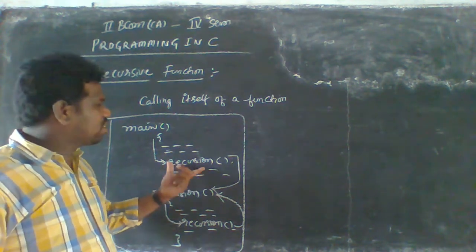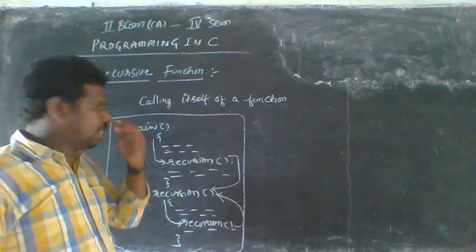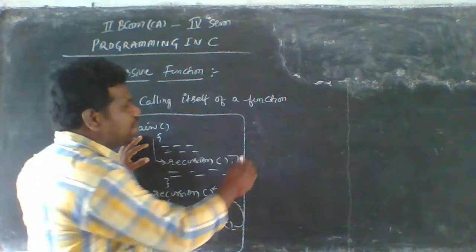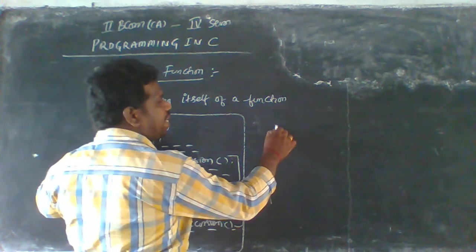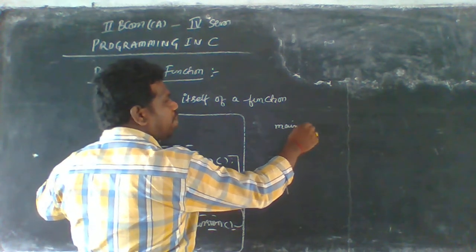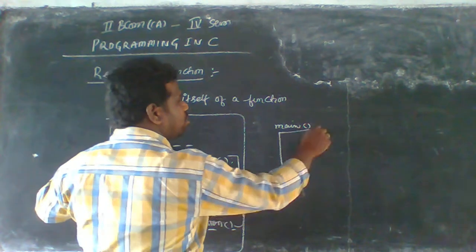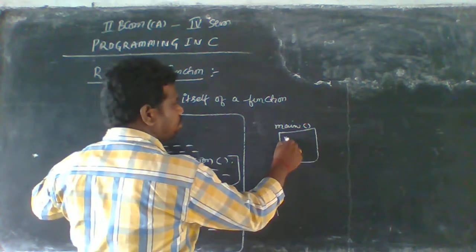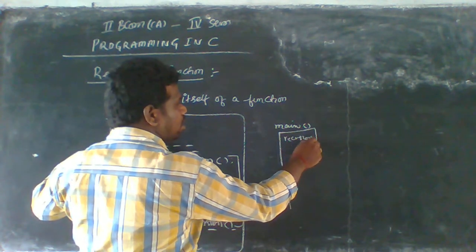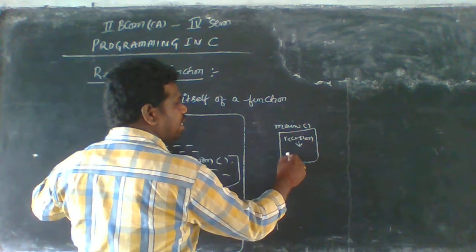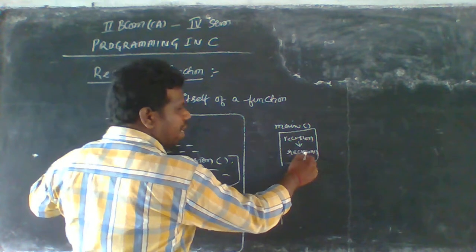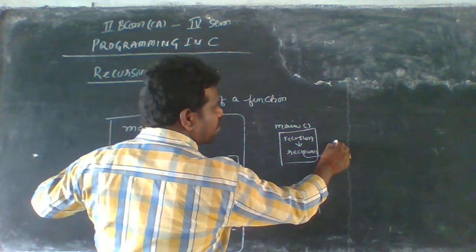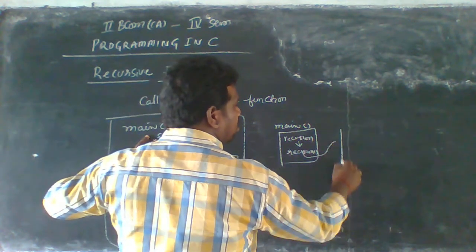In this scenario, we have to use frames like this. For example, in the stack memory, the main function calls recursion, and recursion again calls the recursion function.